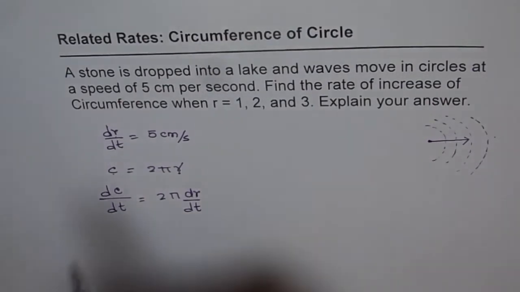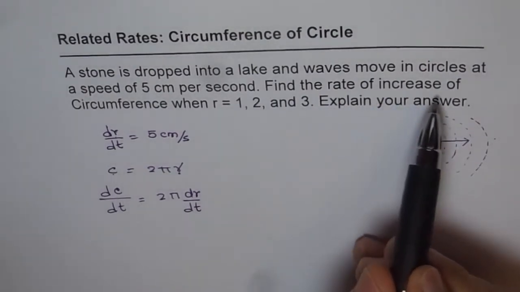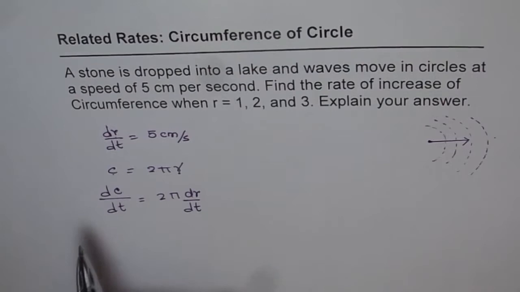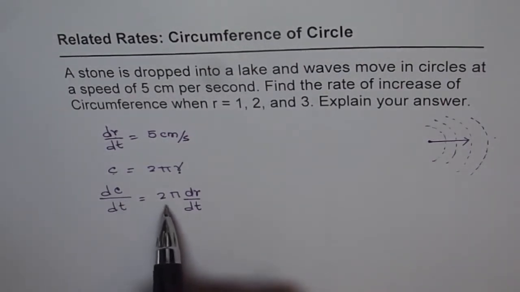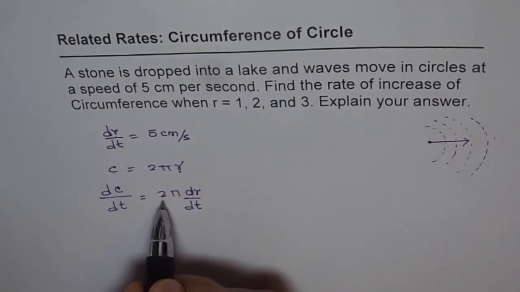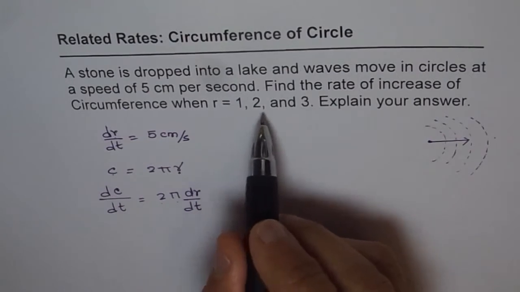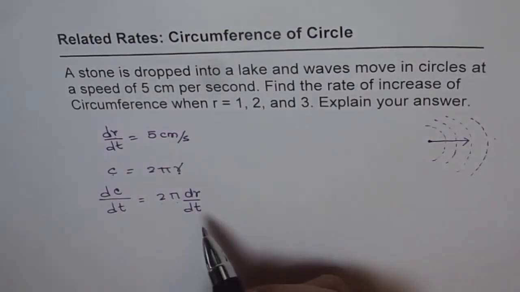Now the question is, find the rate of increase of circumference when r is 1, 2, 3 and so on. But the rate of change is kind of constant. You see, 2 pi is constant, so it is not really dependent on r. So what do we get? For all these different values of r, we get just one value.